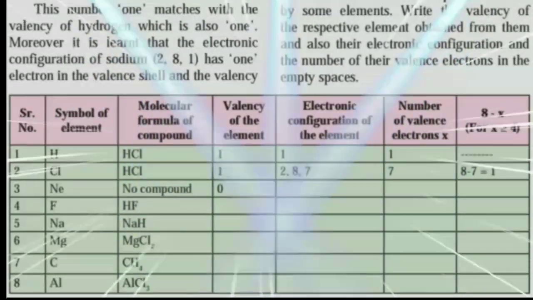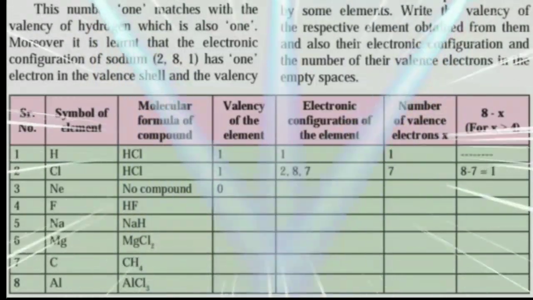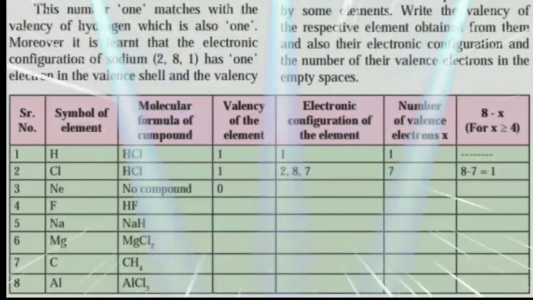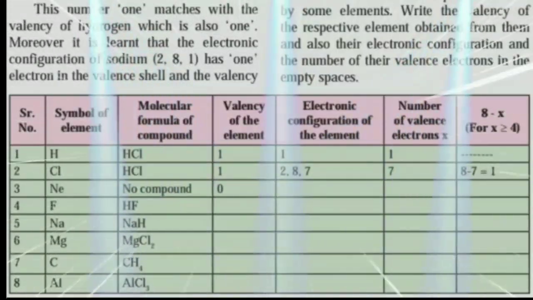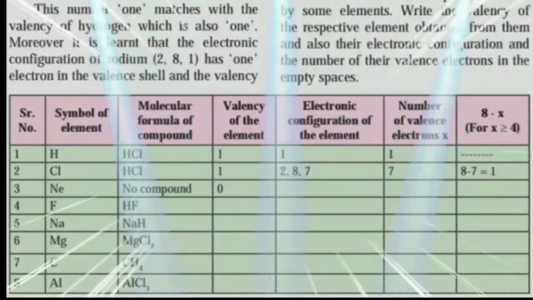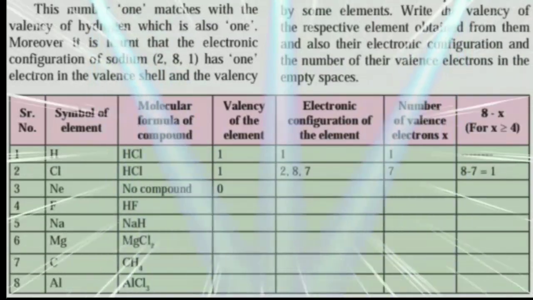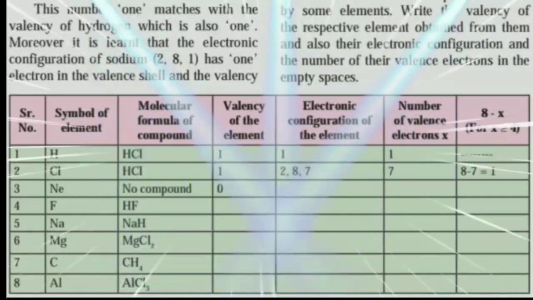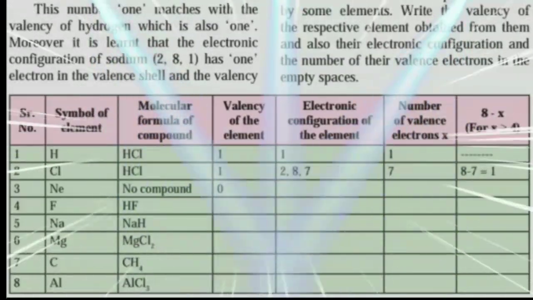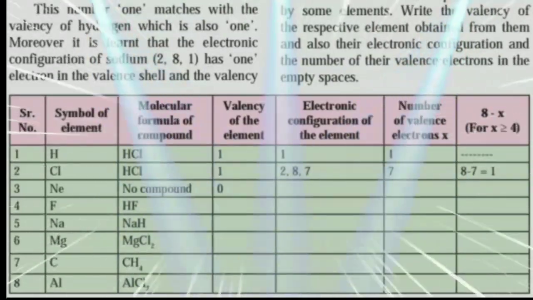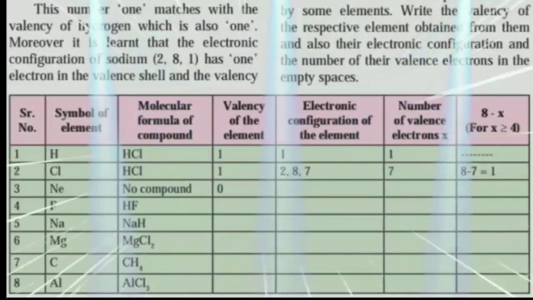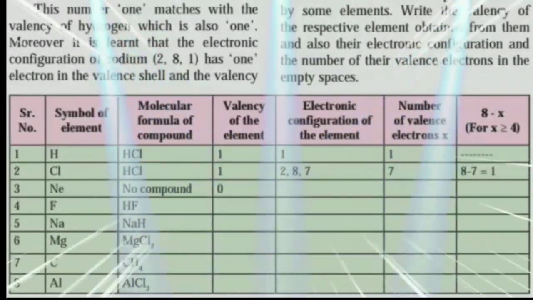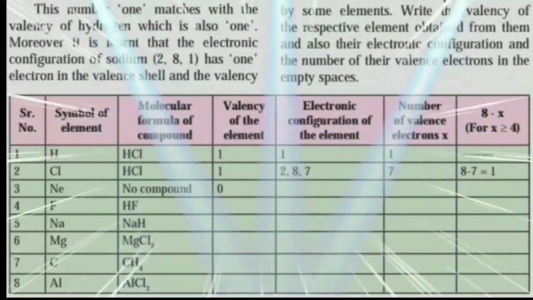We will not waste our time, and directly we will move towards this chart. The first is H, that is hydrogen, and it is completed. Molecular formula of compound is HCl, valency 1, electronic configuration is 1, number of valence electrons X is 1, and 8 minus X is given as dash, nothing is there.